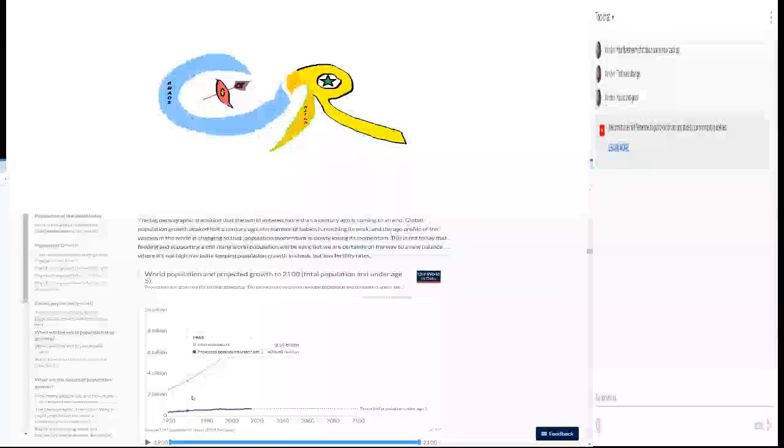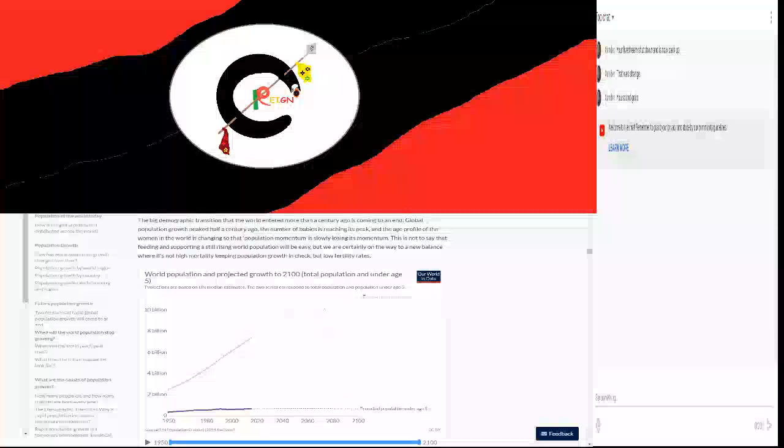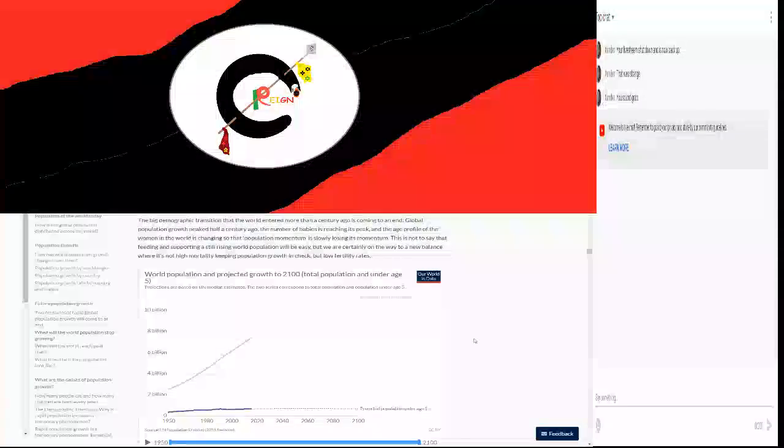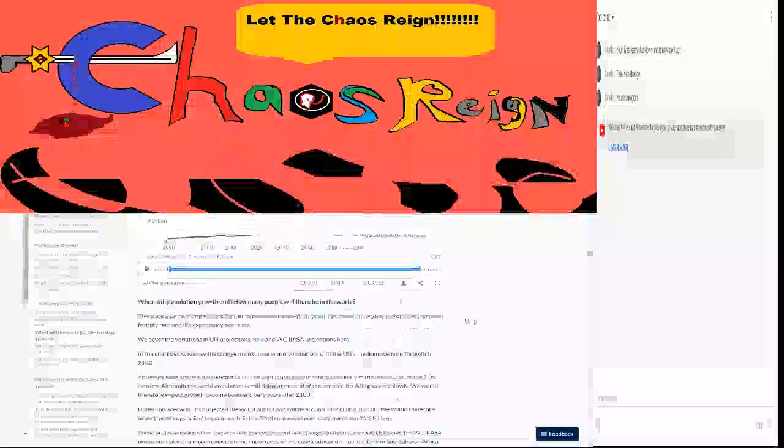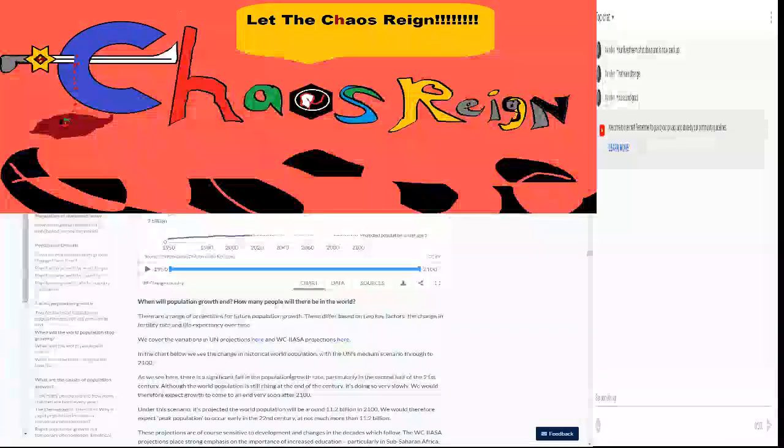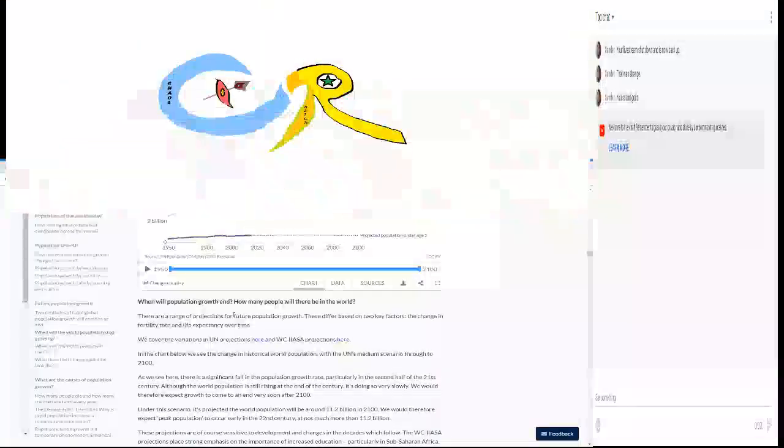And as you can see, the projections, more projections to come. They said we'll reach a peak, but as you look at the previous ones, they show that it's going to be a decline. Now, mind you, this is an estimation of statistics. And they always project how many people are going to be in the world.